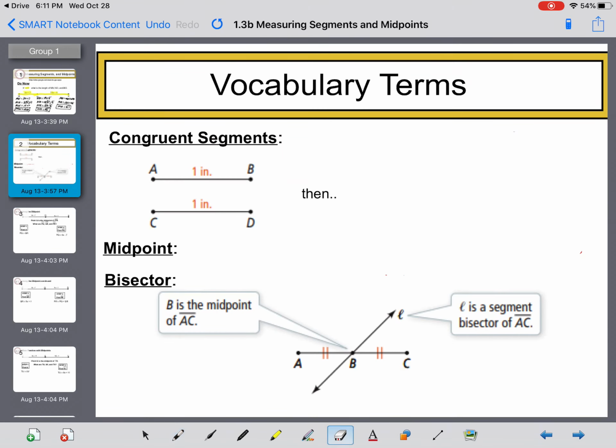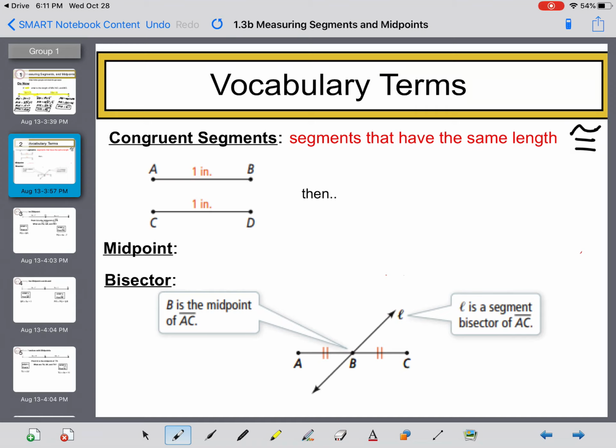Okay. All right, three definitions today. Congruent segment is a segment or segments that have the same length. So if segments have the same length, they are congruent. This word right here, the congruent symbol, jot this down, is an equal sign with a squiggle line over it. So that means congruent.